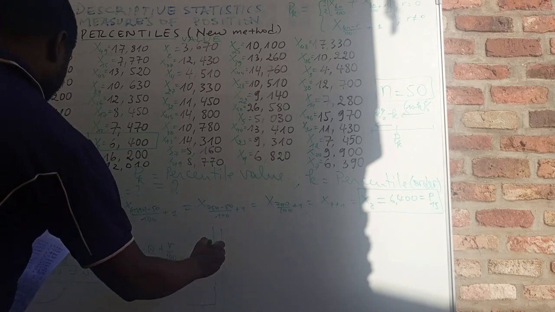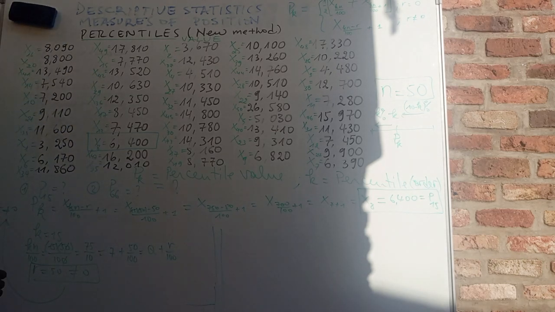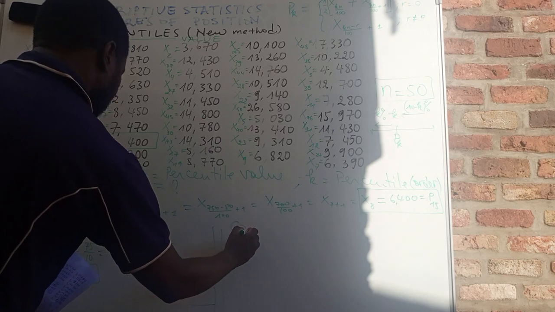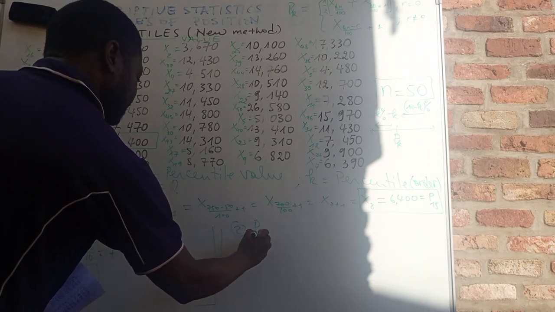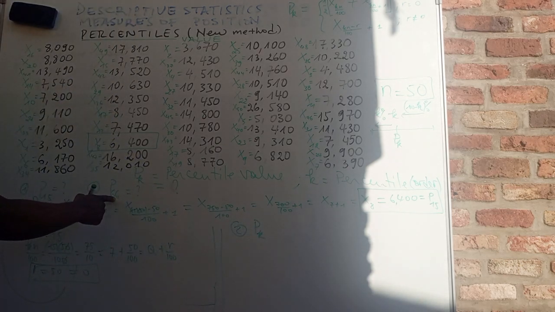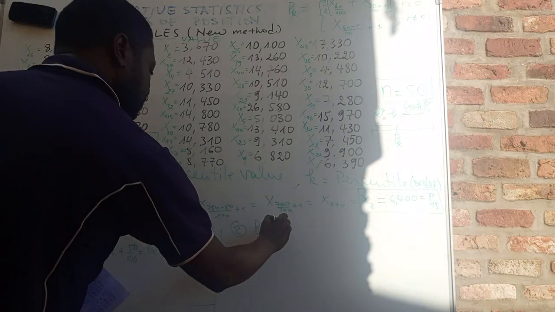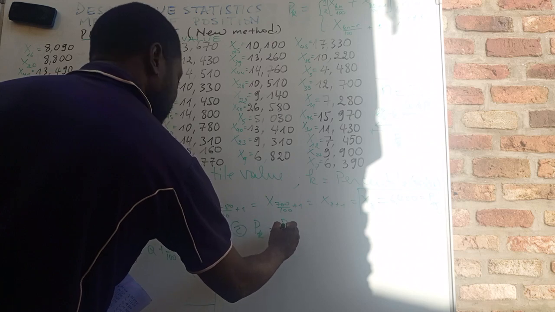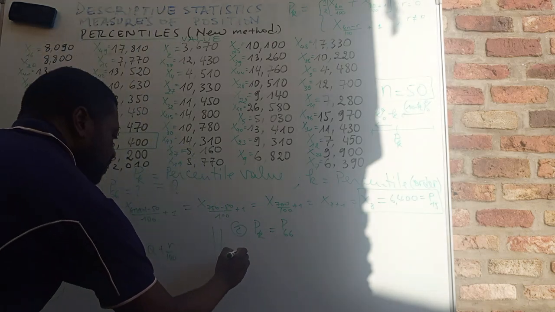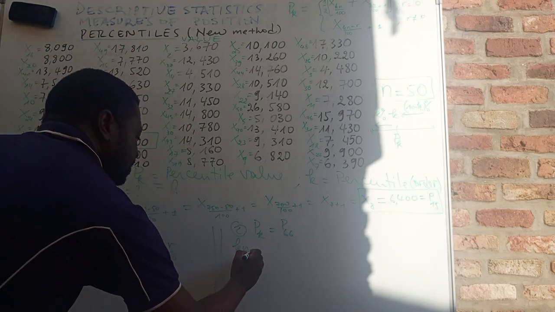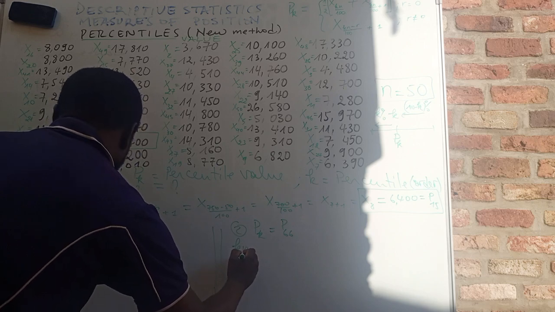Okay, question, this was number 1. Now number 2, we want pk with k equal to 66. So what do we have to do? First we calculate k times n, divided by 100.